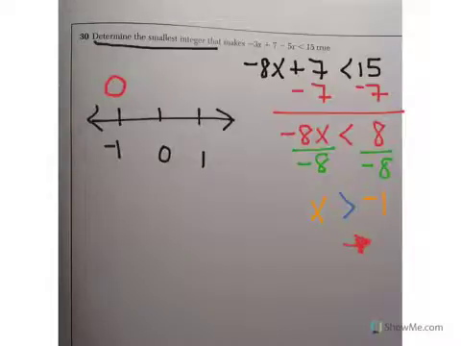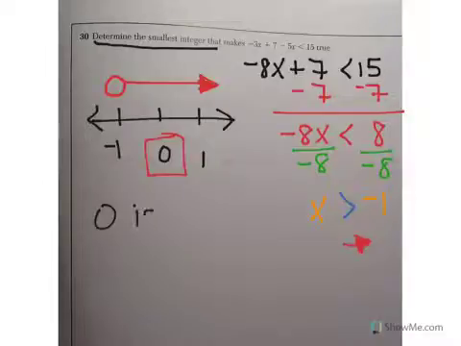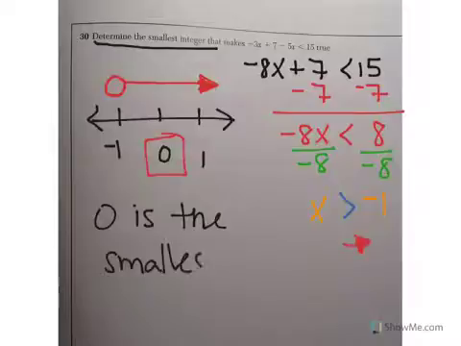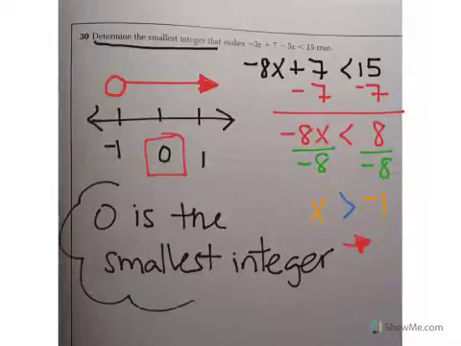You always want your x to the left of the inequality. So this is the way that your graph will be pointing, right? It's greater than, which means the smallest integer in your solution is not negative 1 because it's not equal to negative 1, it's actually 0. So what you would have to say is that 0 is the smallest integer. That is your answer.